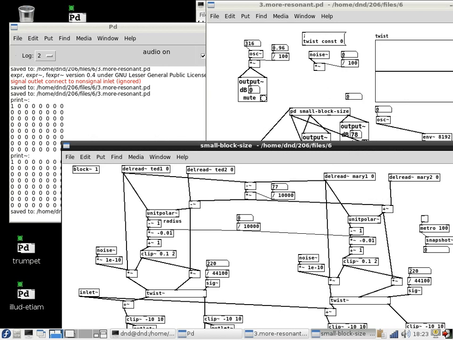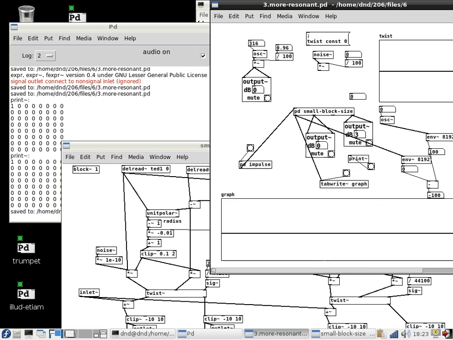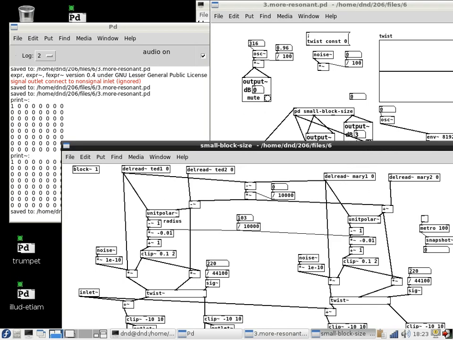Okay, so let's take out this nonlinearity now. Let's put back the forcing. All right, now we should hear something. Why don't we hear anything? Interesting. That should be a hint.